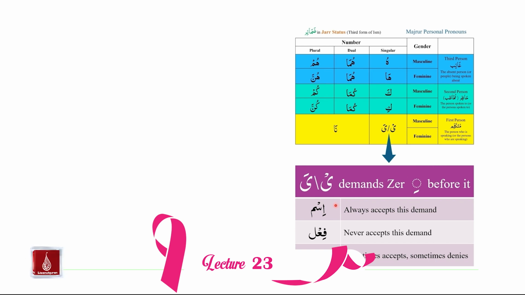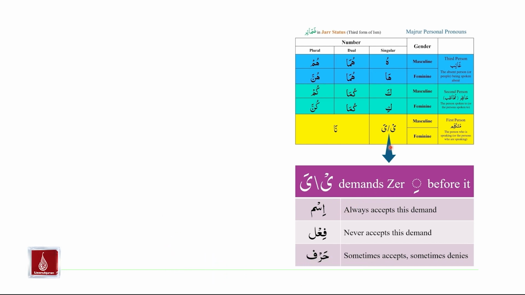In the case of ism, it always accepts this demand. So whenever an ism comes before ya, it will accept the demand of ya and it will accept a zair. In the case of fail, we will study inshallah that fail will never accept this demand of ya. In the case of harf, it will sometimes accept the demand and sometimes it will deny the demand of ya.